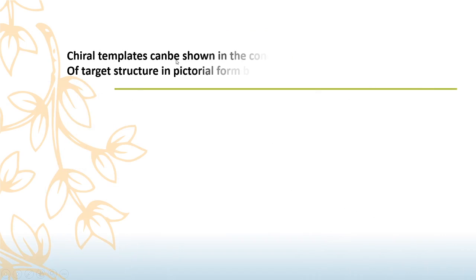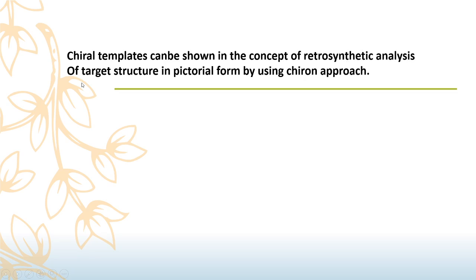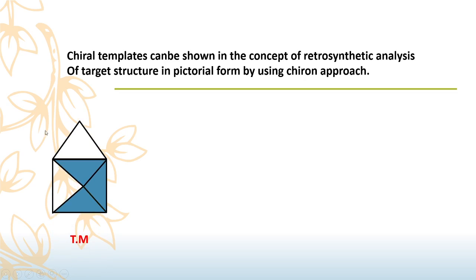The chiral templates can be shown in the concept of the retrosynthetic analysis of a target structure in pictorial form by using the Chiron approach. You can see in this picture, this is the target molecule. Here we have these two triangles which are in white color.